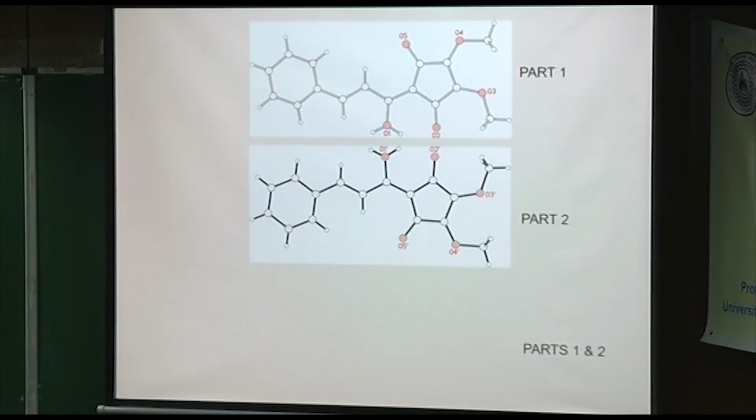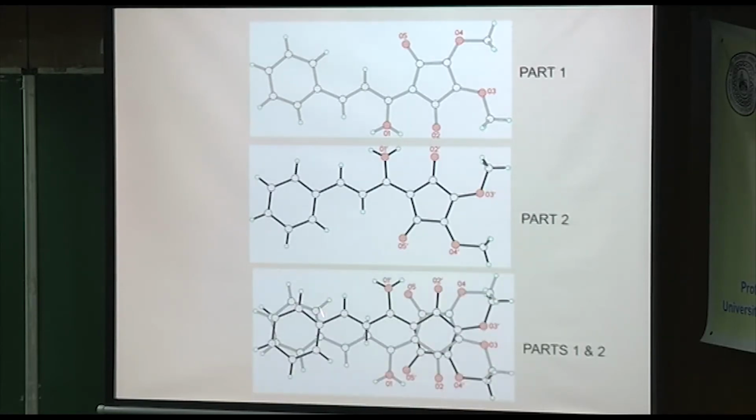And the way to deal with this is to use the major one, which actually was more than 50%, as a model for the second one, and then treat that model as a rigid group and superimpose it using something called FRAG, which is a part of the SHELX software. So when you do that, you can see how they're very similar in the space that they take up.